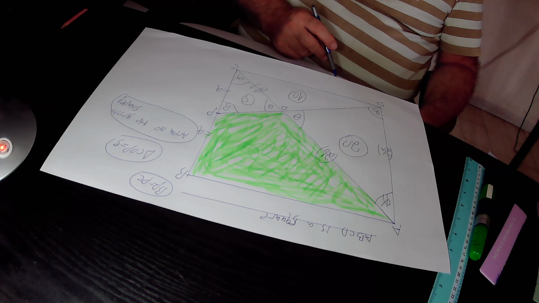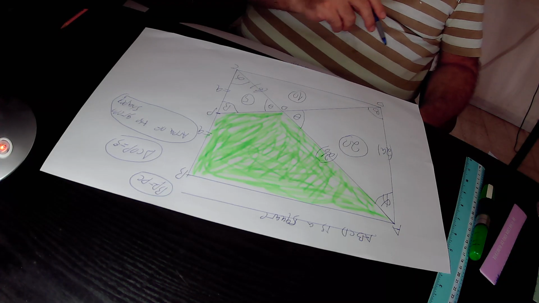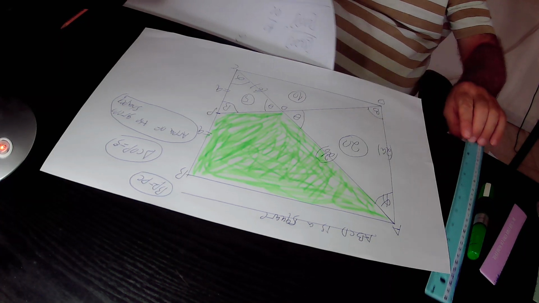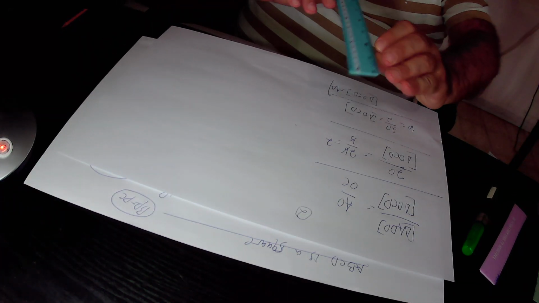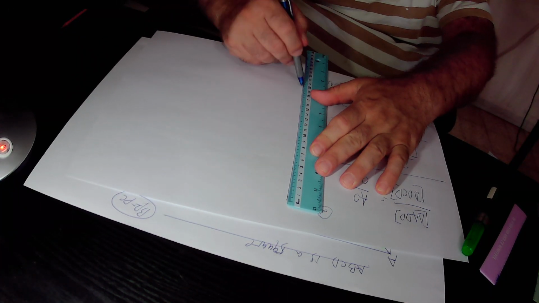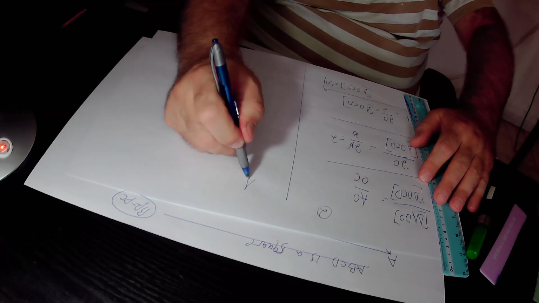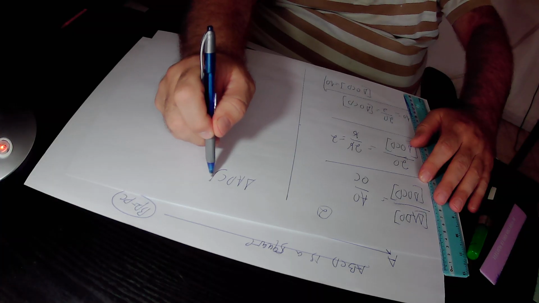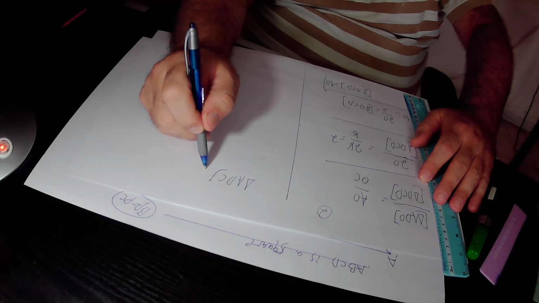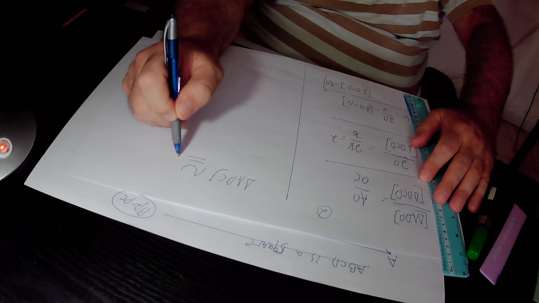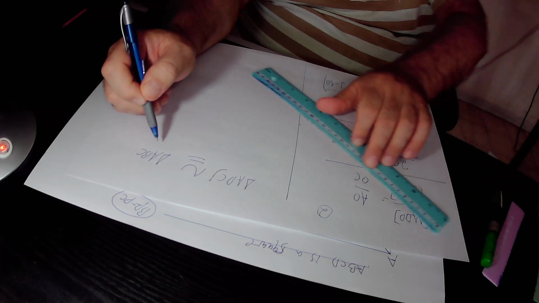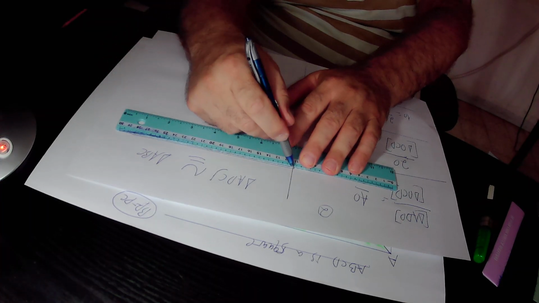So we prove that triangle ADC is congruent to triangle ABC according to the side rule. So I write it down. We actually found out that the right triangle ADC is congruent, this is the sign of congruent, to the right triangle ABC according to the side rule.